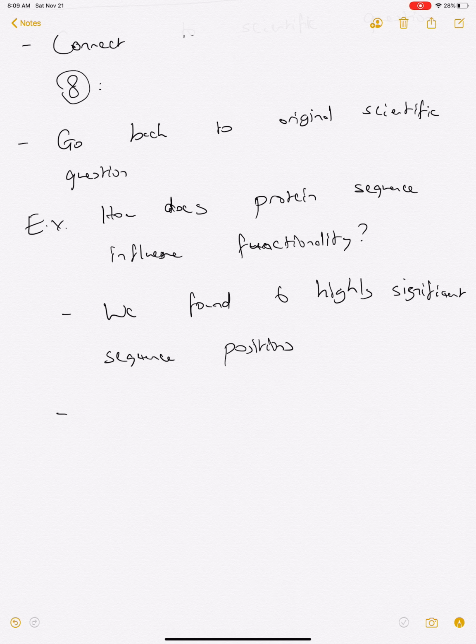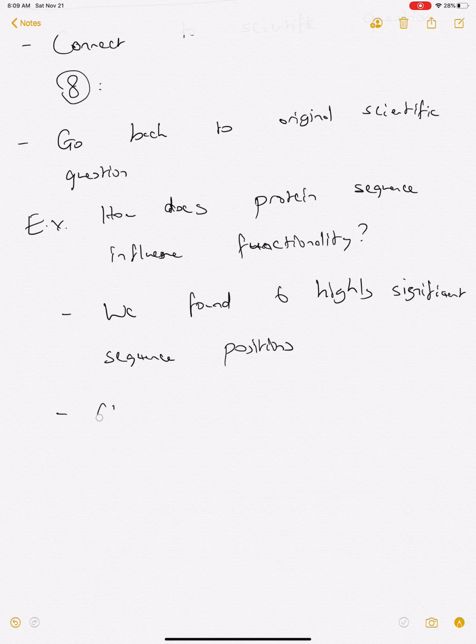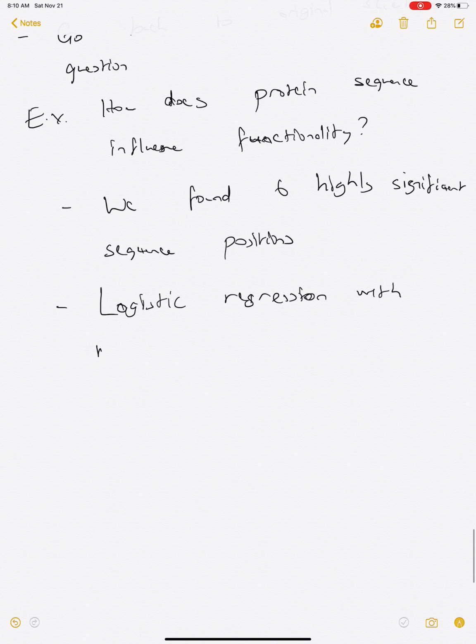And the other conclusion that we can draw is that the GLM, or I'll say logistic regression with main effects, provides good functionality prediction.